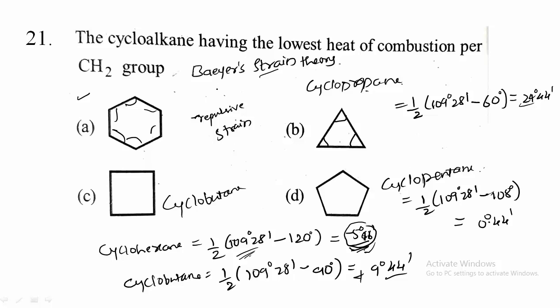From that you can calculate which one has lesser strain, and according to that you can answer whatever they ask which is dependent on strain. So this is how we will determine. Which option is right here now? Option A, cyclohexane has the lowest heat of combustion.